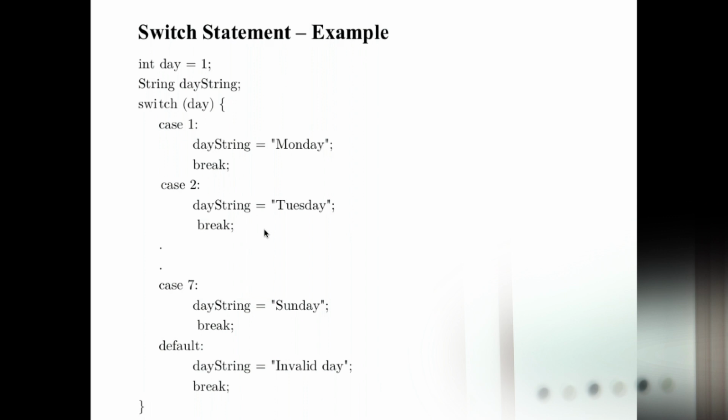For this kind of situation, we can use a switch statement. It will start from the first statement, case 1, and the value stored in day will be matched to these cases. For example, now the value is 1, so the first case will be matched.